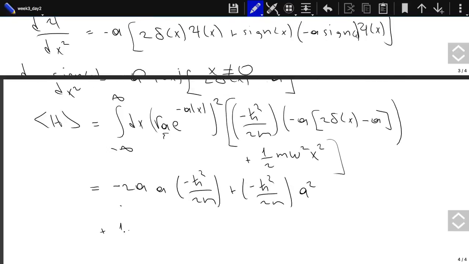So let's write it plus 1 over 2m omega squared a. Now again, instead of integrating from minus infinity to plus infinity, I will just integrate from 0 to infinity and multiply by 2, dx x squared e to the power minus 2ax.